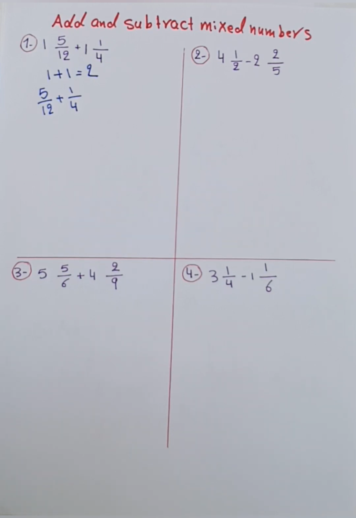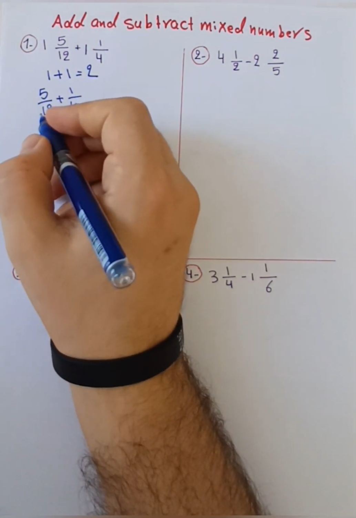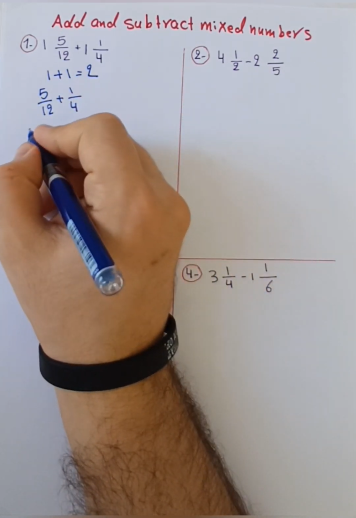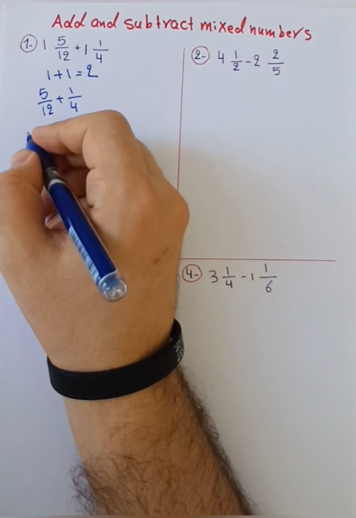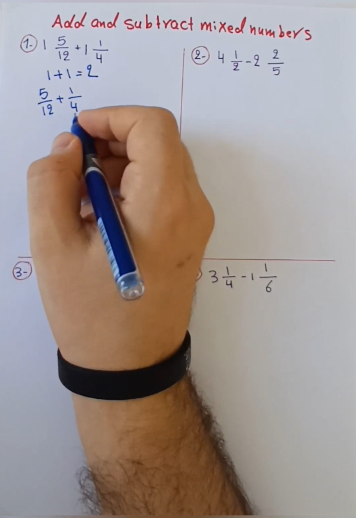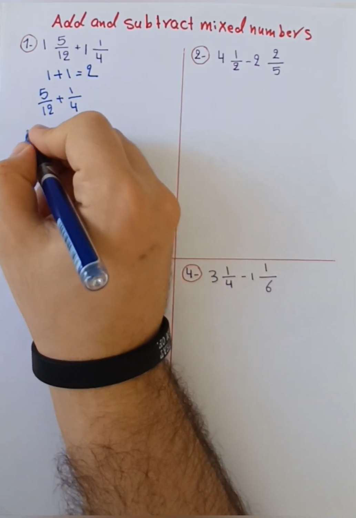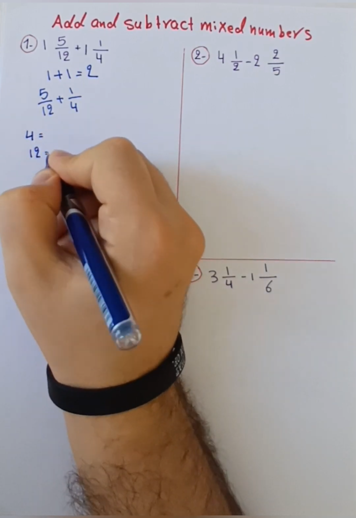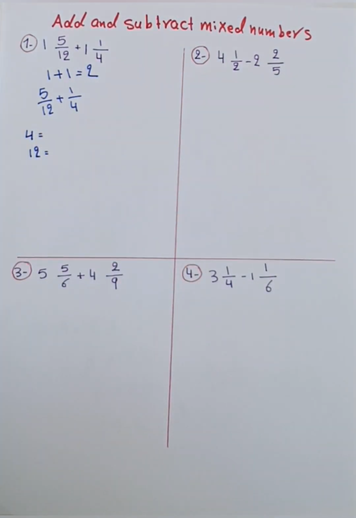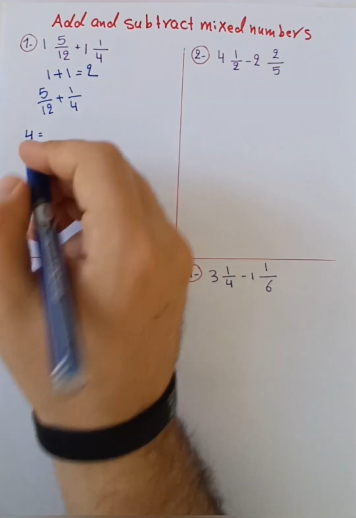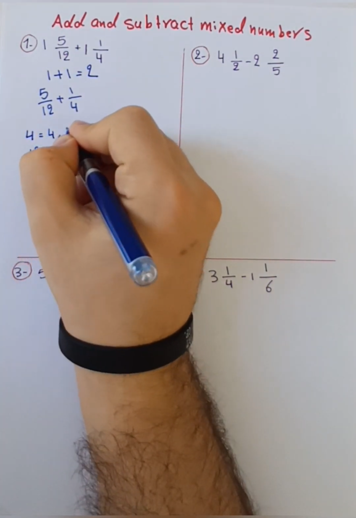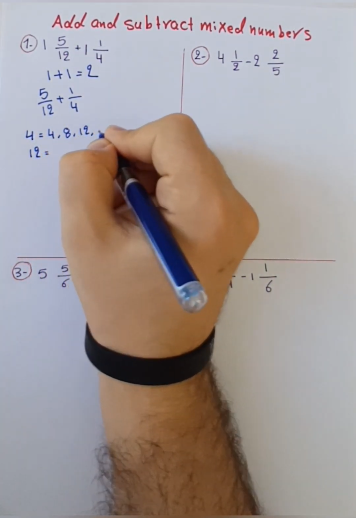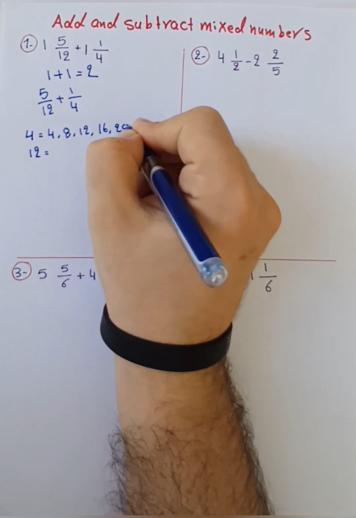We have to find the least common multiple for the denominators and then change the fractions. So I'm going to find the least common multiple for the denominators by the old way. We have 4 and 12. We have to write 5 multiples of 4: 4, 8, 12, 16 and 20.